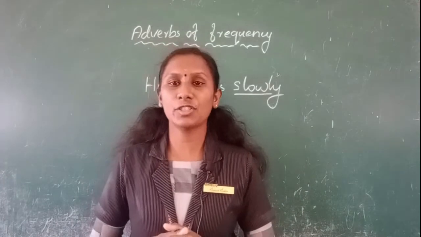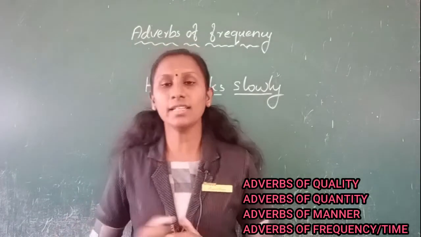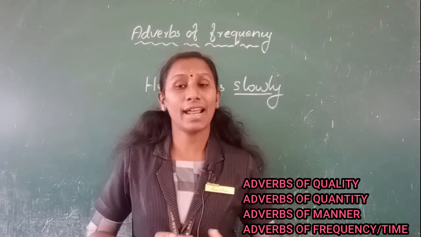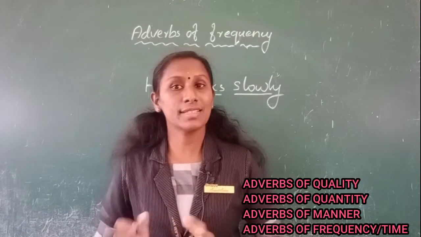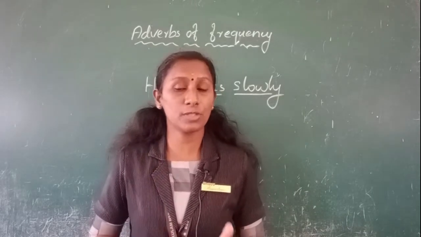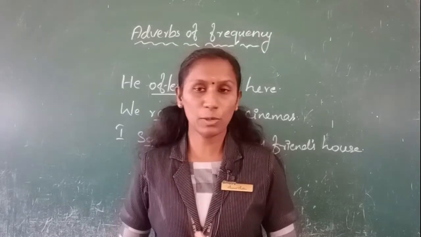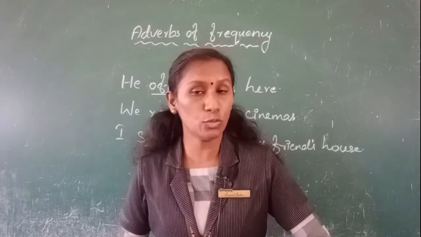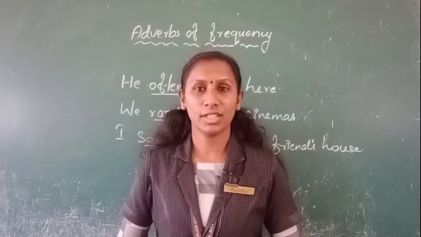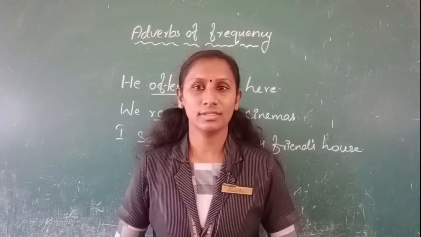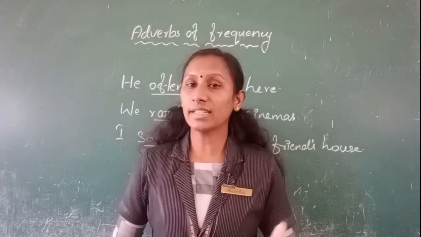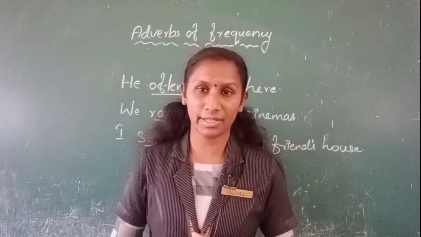There are different kinds of adverbs. Adverbs of quality, adverbs of quantity, adverbs of manner, and adverbs of frequency or time. Now what we have to learn is about adverbs of frequency. An adverb of frequency describes how often an action happens. Always, never, usually, often, rarely, daily, weekly, yearly, etc. denote the time.